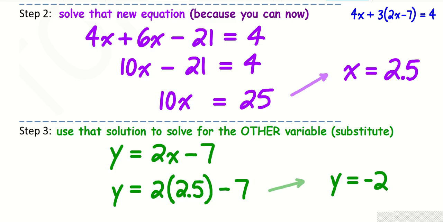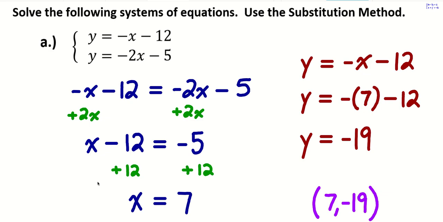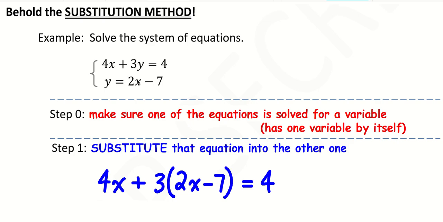all you really need is one of your equations solved for x or y. But when both of your equations are solved for y, I mean, that's a pretty good situation, because you can do the substitution part just setting them equal to each other, but all you really need is one of them solved.